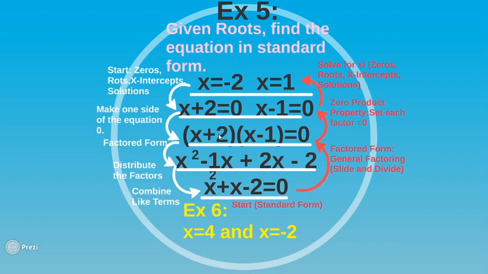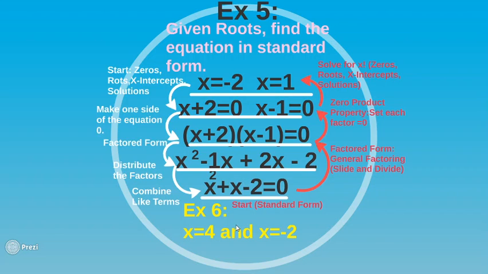Do you see a shortcut for how I can get from x equals negative 2 to x plus 2, and x equals positive 1 to x minus 1? Simply flip the signs. Since this was a negative 2, when I write it in factored form, it changes sign, so it'll be x plus 2. Since this is positive 1, you just flip the sign, so it'll be x minus 1.